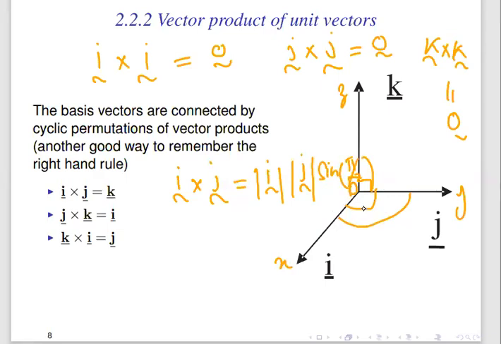And what is the unit vector which is perpendicular to these two vectors? K, yeah, that's right.